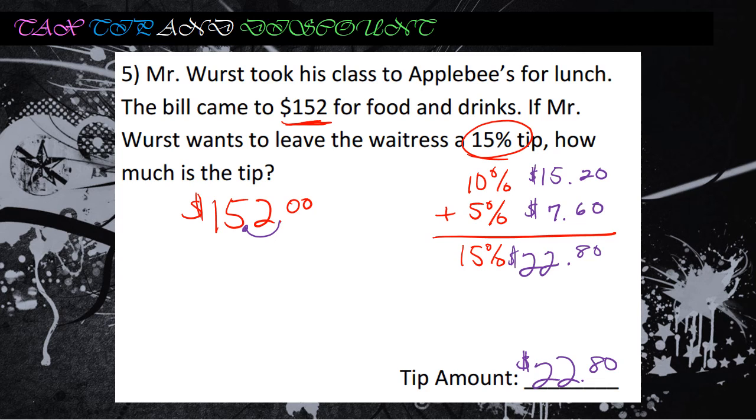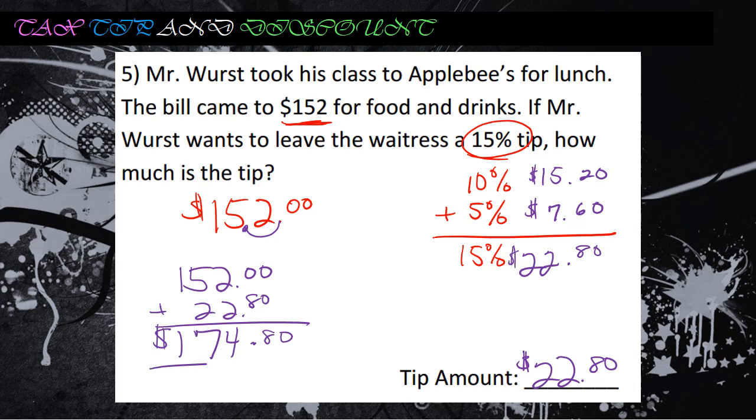In the next couple of questions, I might ask you how much you have to pay in total after you figure out the tip. When you do that, you do $152 plus $22.80, which gives us how much we pay at that restaurant: $174.80.